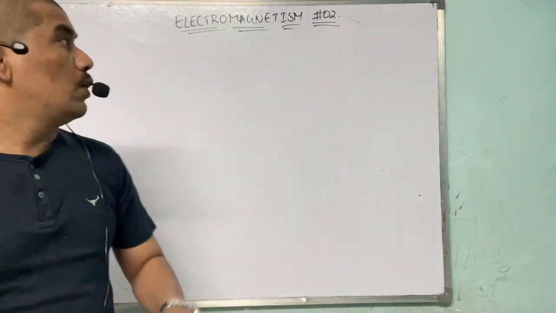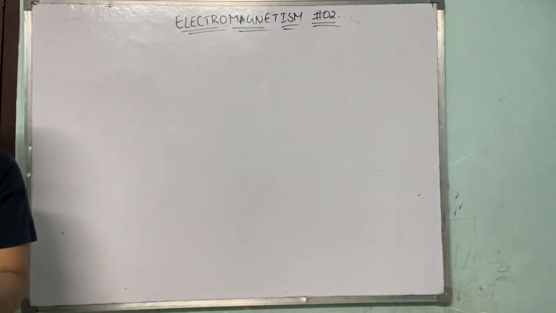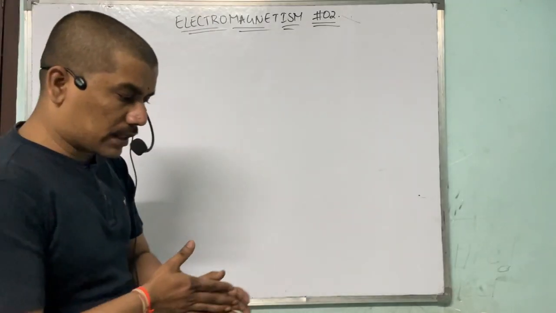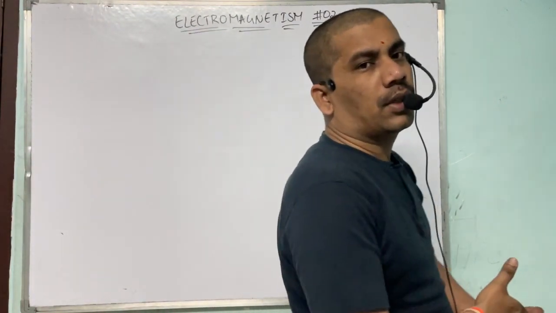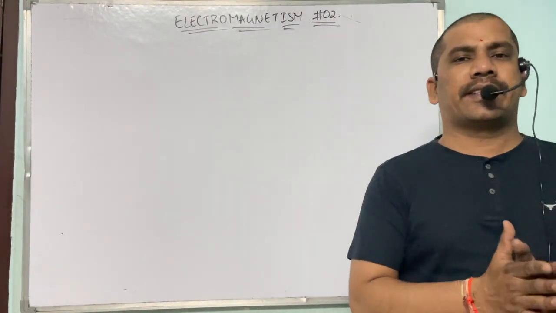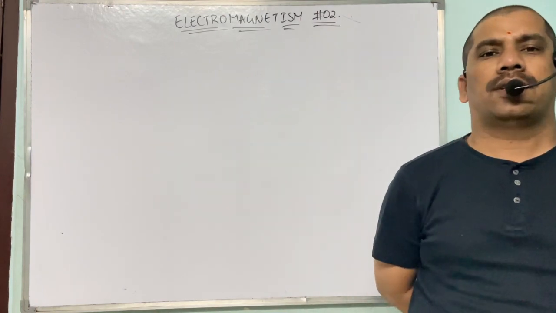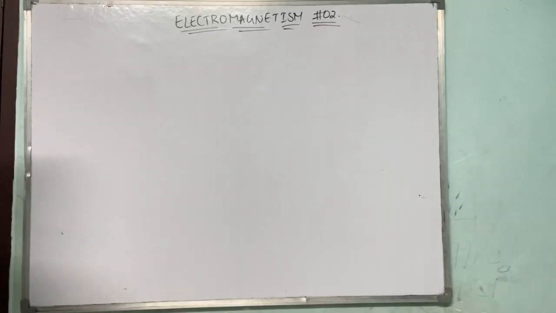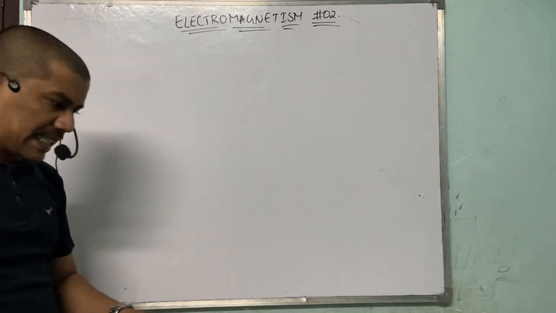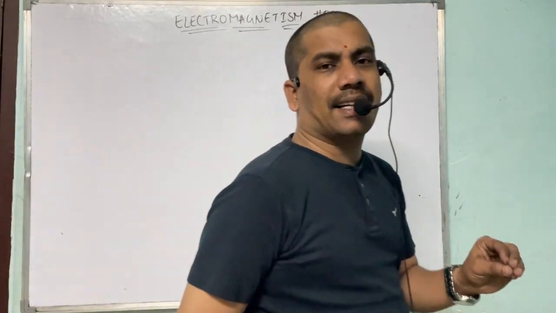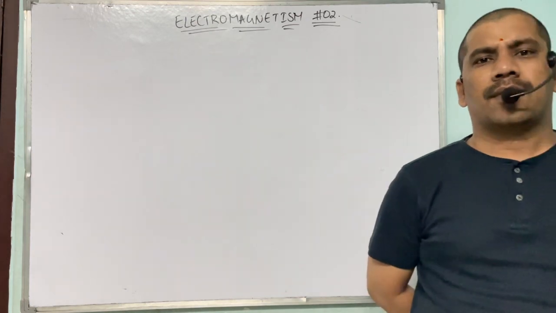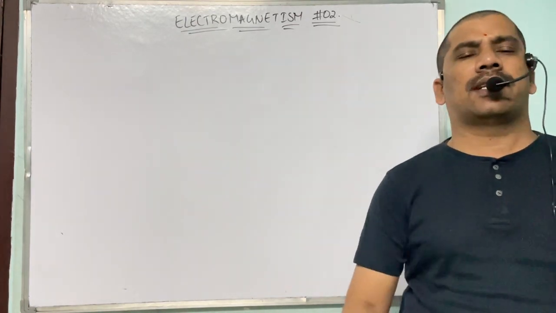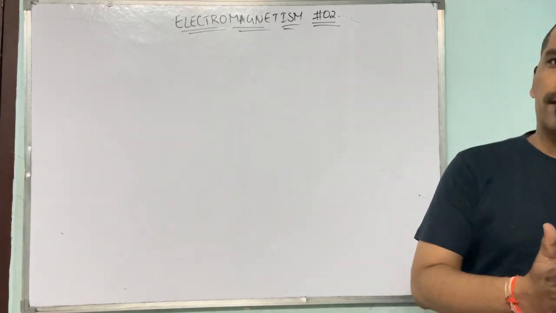In this video, that is Electromagnetism Part 2, we are going to learn about two activities as per the Telangana textbook. Our first activity is to see the magnetic field, that is activity number 2 in the Telangana 10th class textbook.